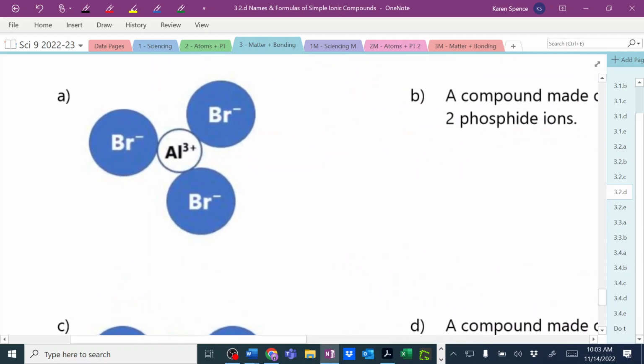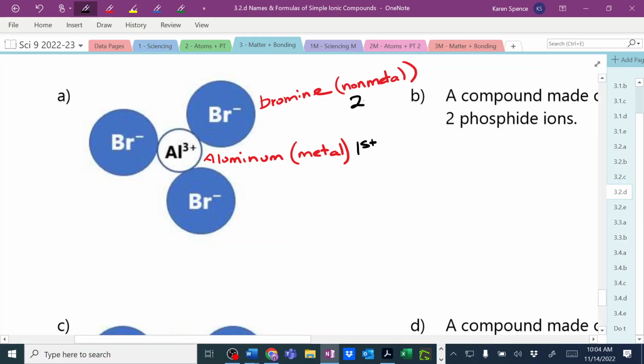So when we look at this first one, who is the metal? Is it Br, which is bromine, or is it Al, which is aluminum? Aluminum is the metal, and bromine is the non-metal. So when we write the formula, who goes first? Al goes first and bromine goes second.